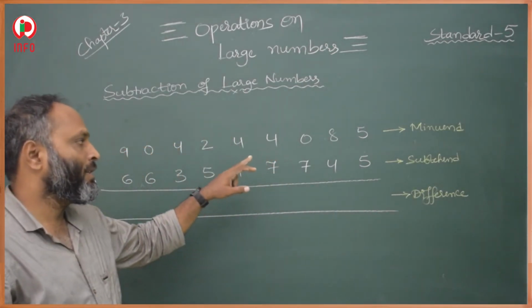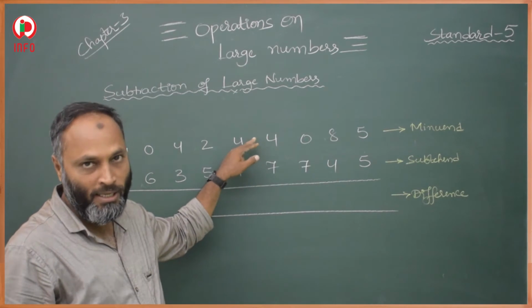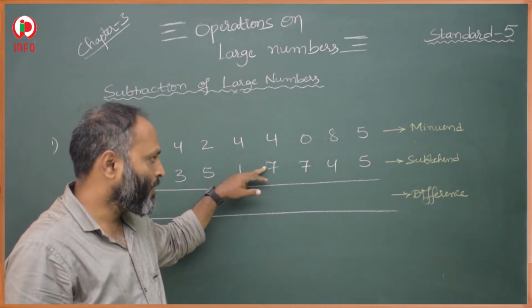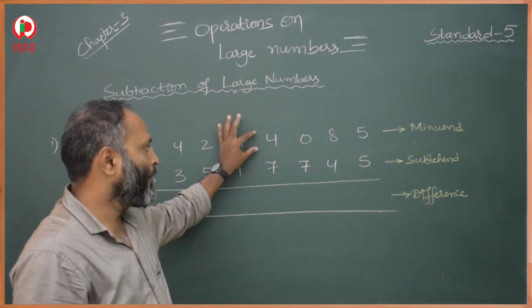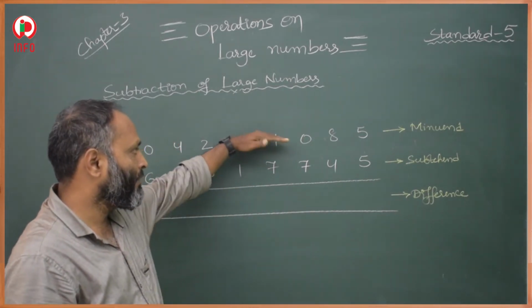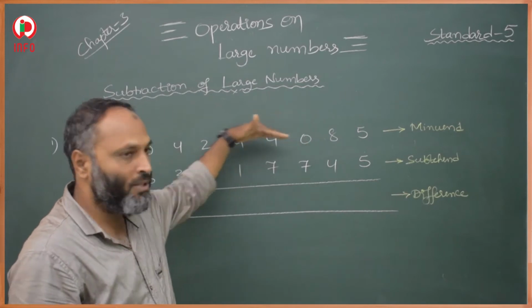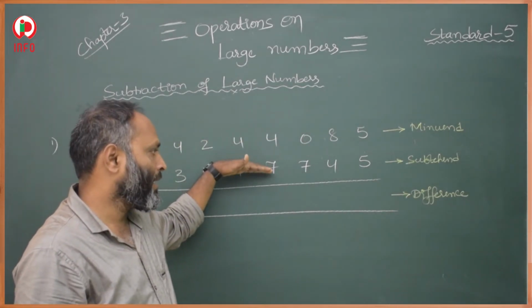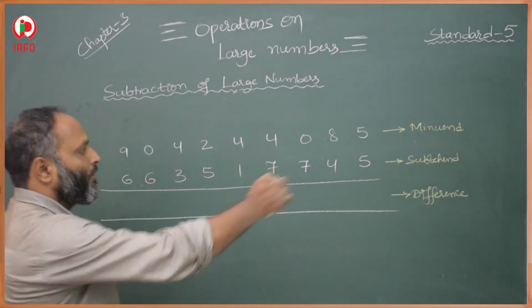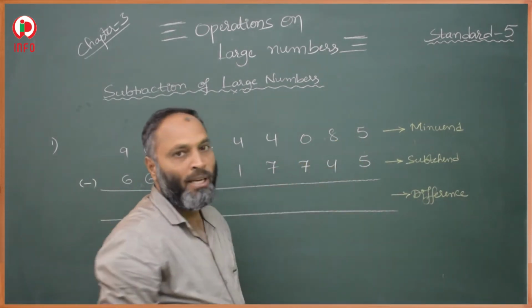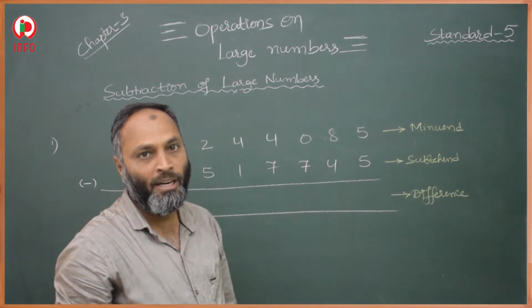Minuend is always bigger than the subtrahend and also the difference. This you have to remember. The first row is always bigger than the second. Now 5 minus 5, same number minus same number, we get the answer 0.